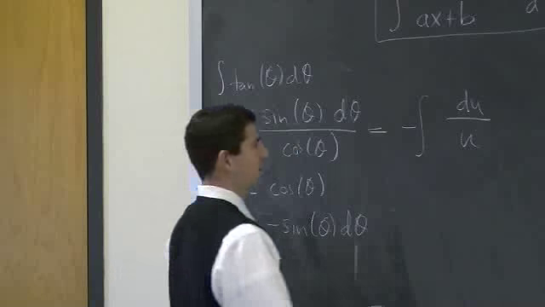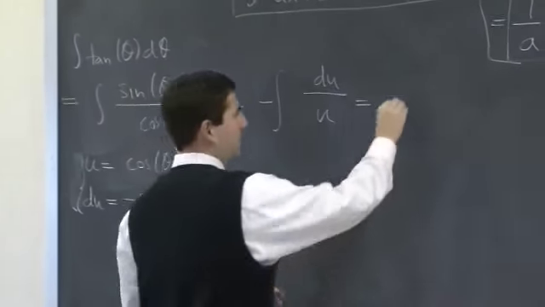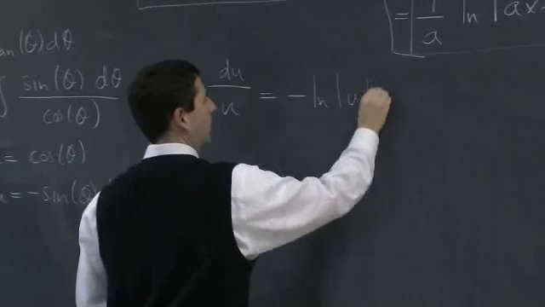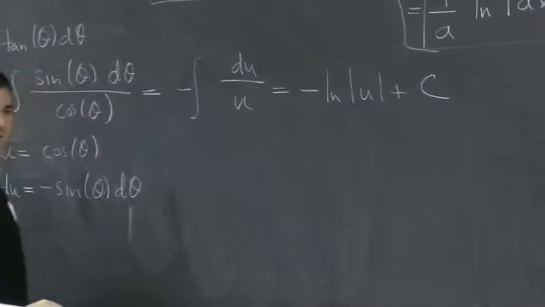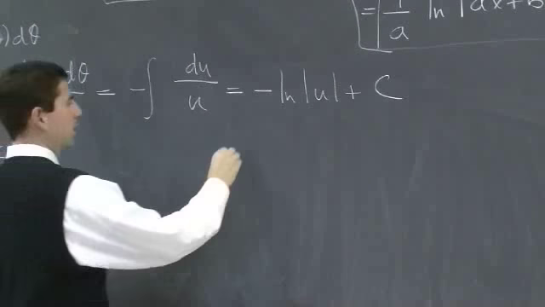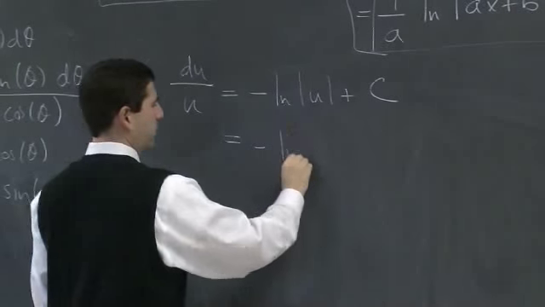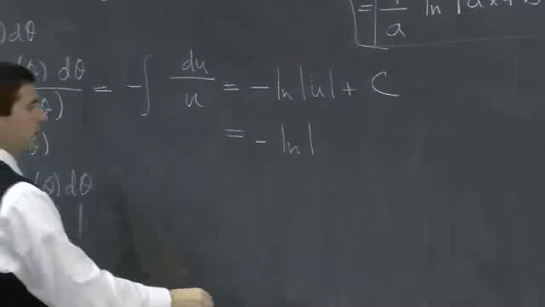Oh, that's not so bad. We've played this game before. It's just the natural log of the absolute value of u plus c. We've got this little minus out front. And of course, u, we said, was cosine.